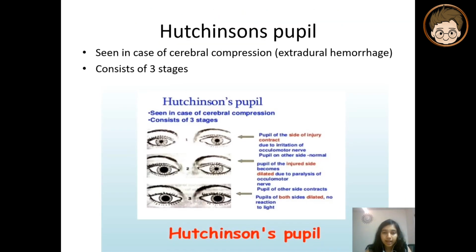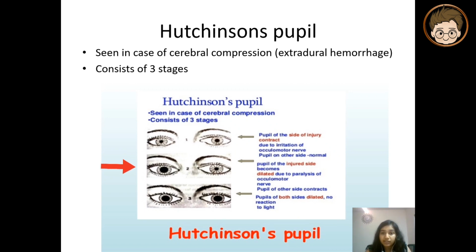Next, we will be discussing Hutchinson's pupil. This pupil is seen in the case of cerebral compression due to extradural hemorrhage. It mainly consists of 3 stages. First stage is pupil of the side of injury contracts due to irritation of oculomotor nerve. Pupil on the other side remains normal. Second stage, pupil of the injured side becomes dilated due to paralysis of the oculomotor nerve.